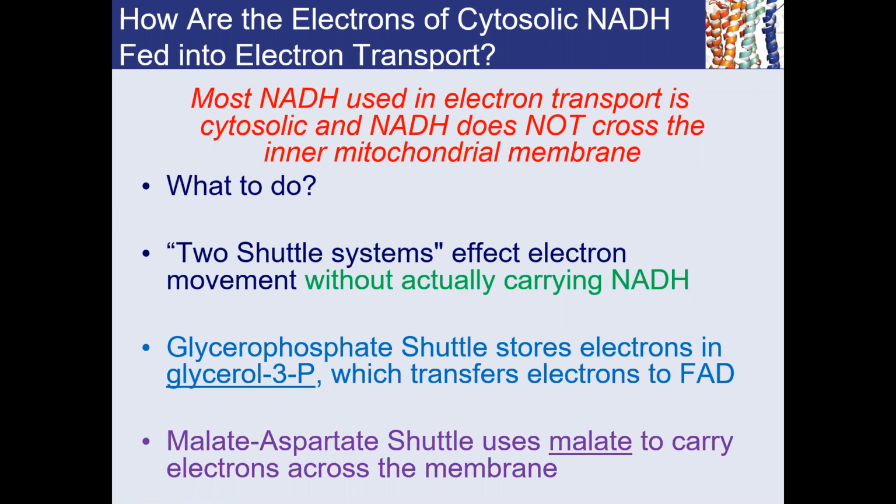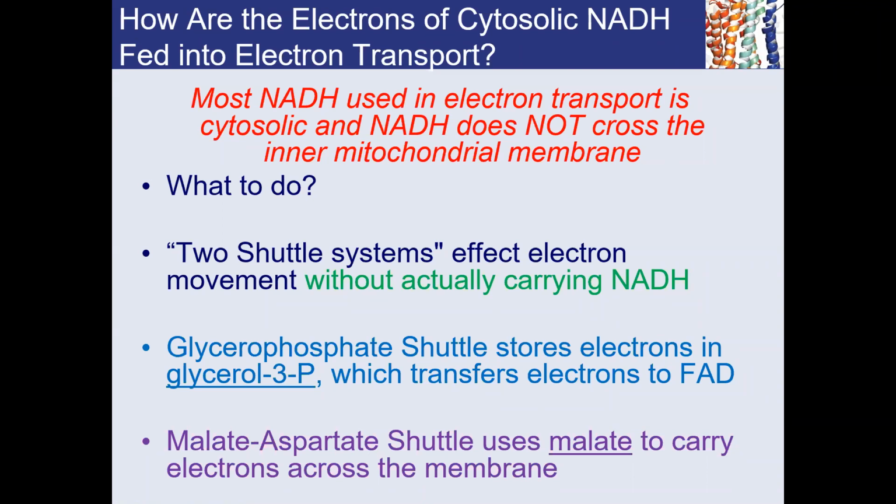It turns out that there are two shuttle systems that affect this movement of electrons from NADH without actually carrying NADH from outside to inside. They are carrying the equivalents of electrons, two reducing equivalents. One reducing equivalent would be one electron.